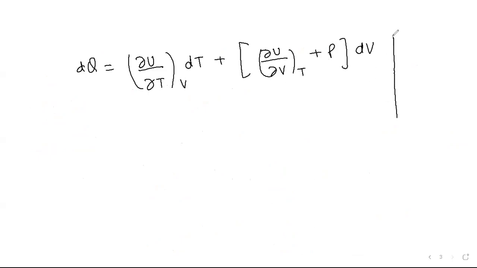Now remember, the defining equation of heat capacity is Q equals C delta T, where Q is heat put into the system and delta T is the change in temperature of the system, C is the heat capacity.